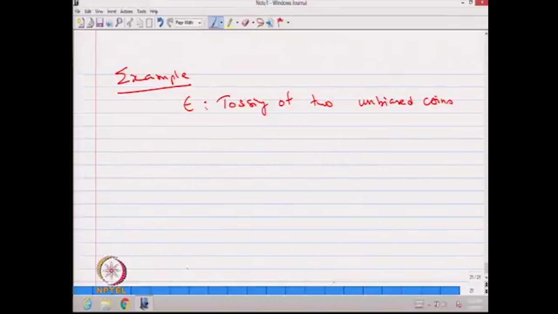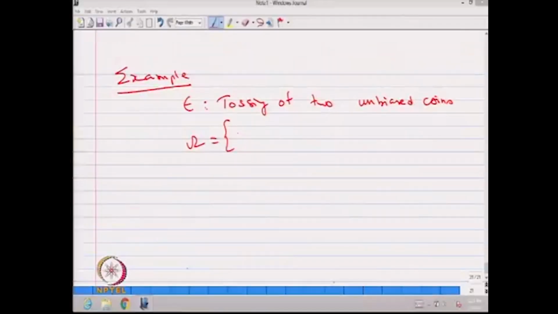Either you can use unbiased coins or fair coins. That means there is an equal probability of getting a tail or a head. That is the meaning of unbiased coin or fair coin. So, the random experiment is the tossing of 2 unbiased coins.